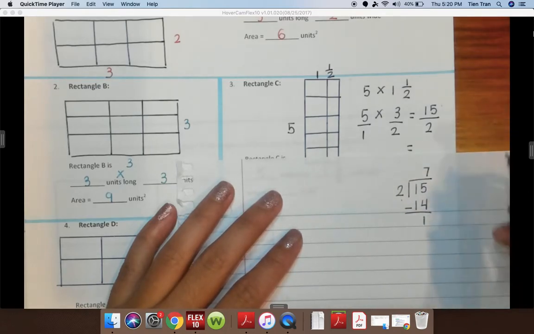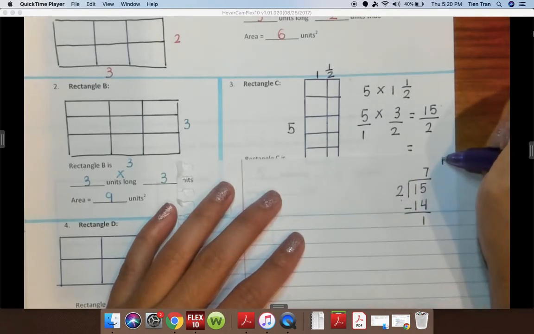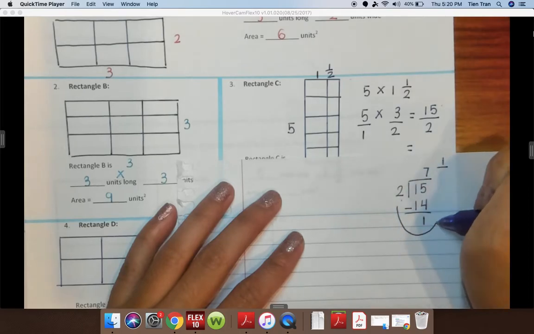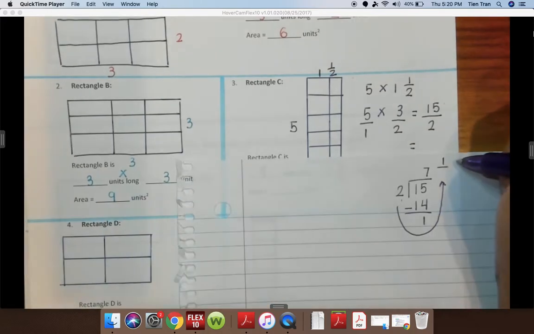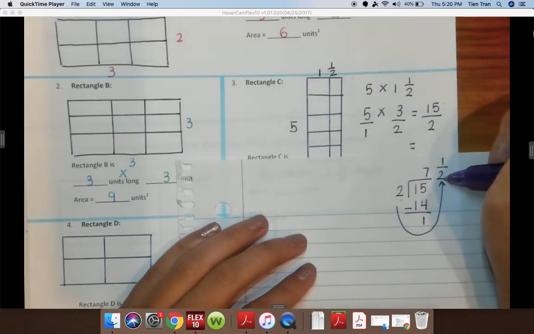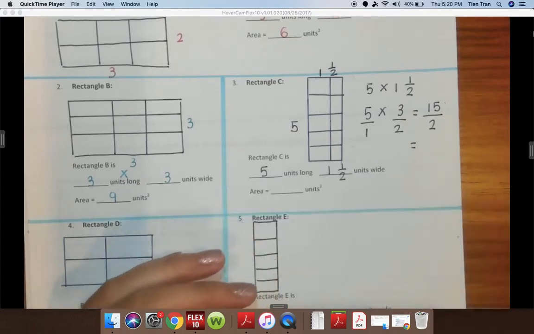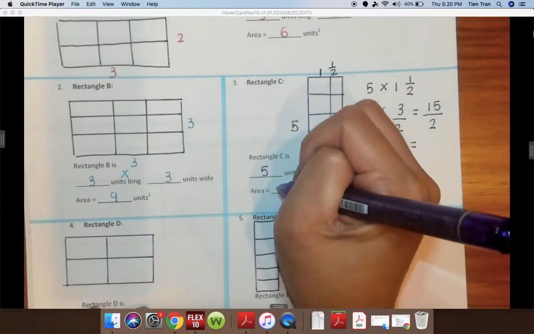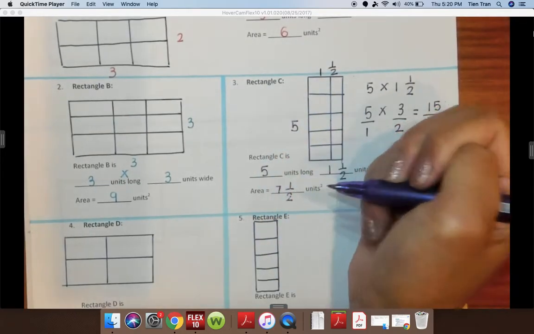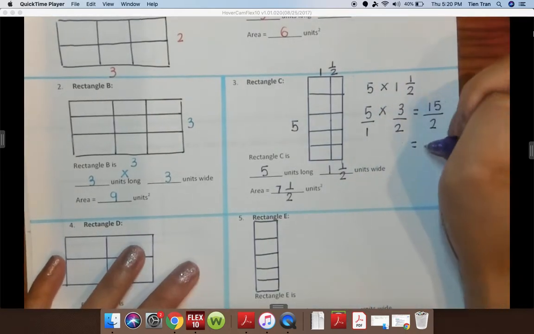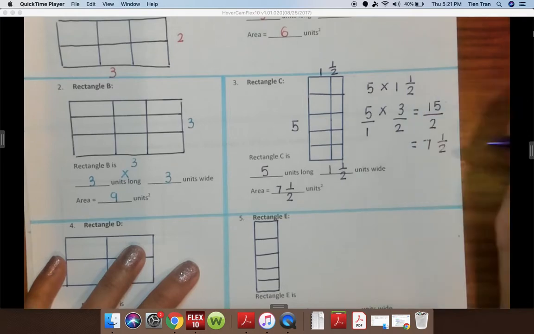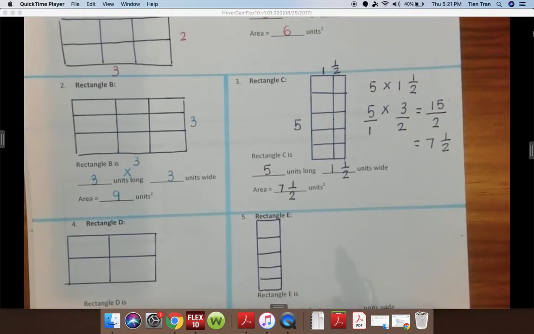And I am going to put my 1 on top, because my remainder is 1, so I'm going to put it on top as the numerator, and then my 2 is going to go on the bottom as my denominator. So my final answer is 7 and 1 half units squared. Oh, I almost forgot to write it right here as well. There you go.